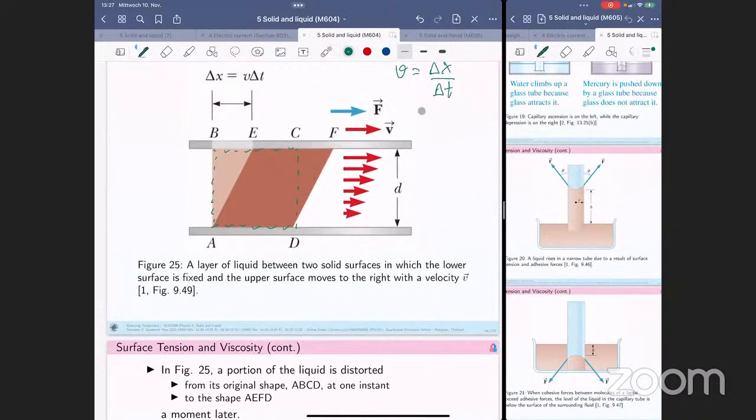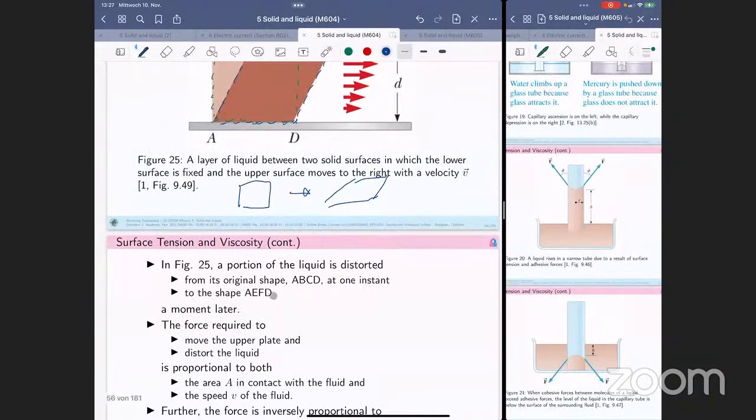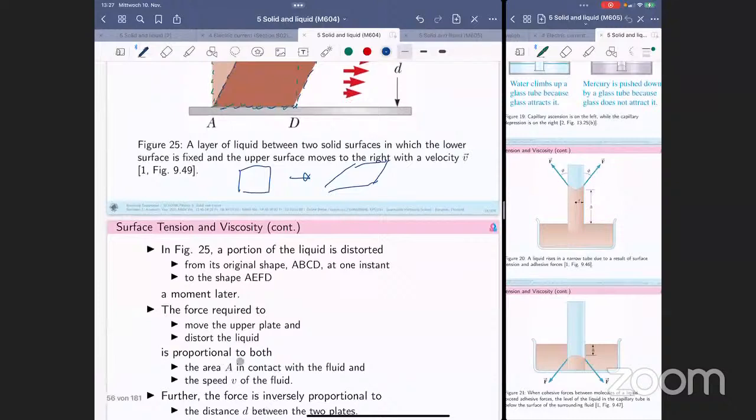This one. AEFD, the blue one, from the green one to this one, and a moment later, the force required to move the upper plate and distort the liquid is proportional to both.